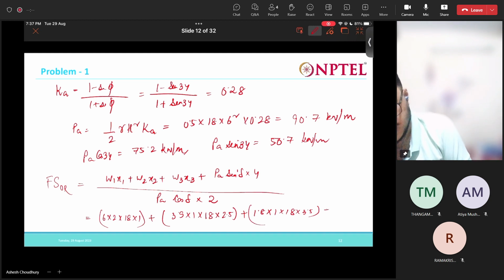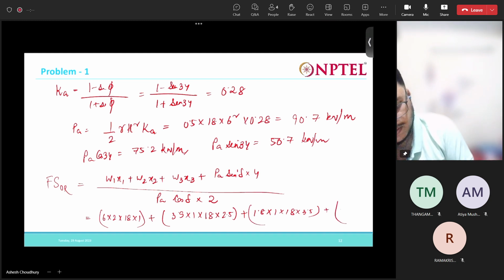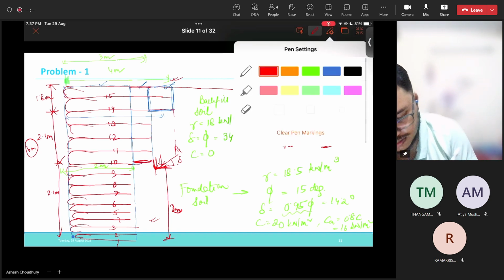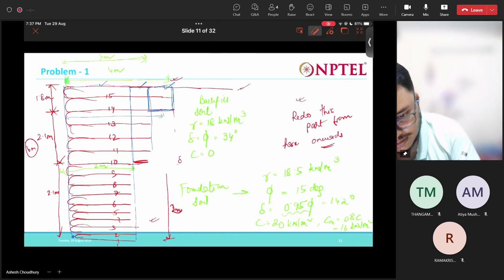Okay, and PA, this one you already determined, 50.7 into 4. From here to here it's 4 meters. Not here, actually here, acting here.